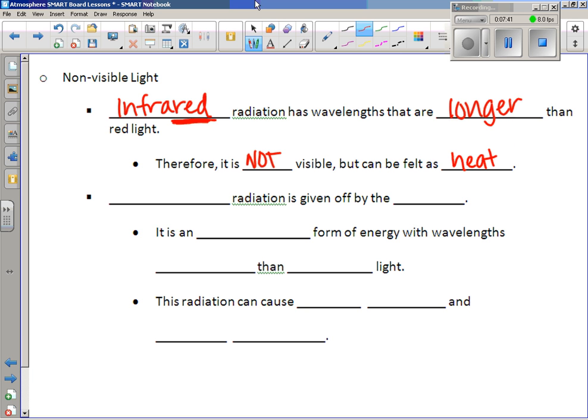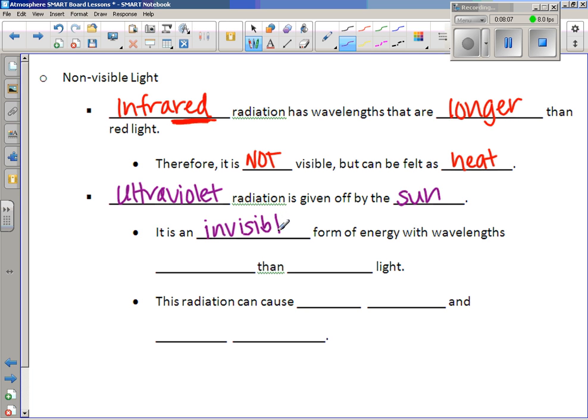You also have something called ultraviolet radiation. And I'm sure you've heard of ultraviolet radiation and UV protection, and that's why you want to wear sunscreen. Well, we all know that that's because the ultraviolet radiation is given off by the sun. So this is another form of invisible energy.